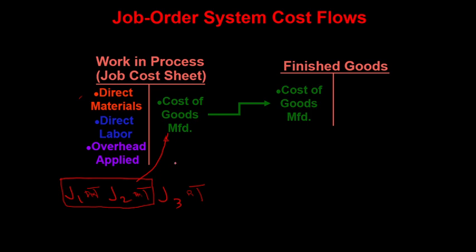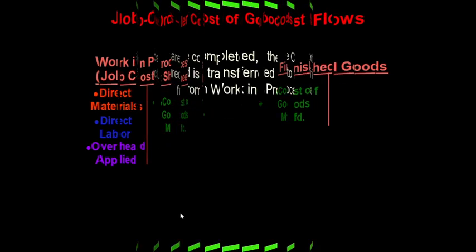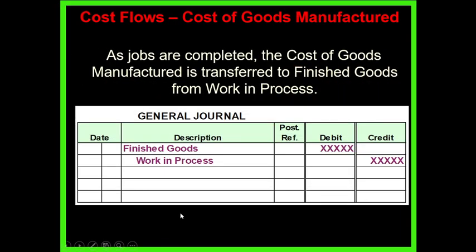So that will now be the direct materials coming from J3, yung hindi pa natin natapos. So if job 1 and job 2 is already finished, they will now be assigned to your finished goods, and the journal entry is a debit to your finished goods and credit to work in process, yung controlling account natin.